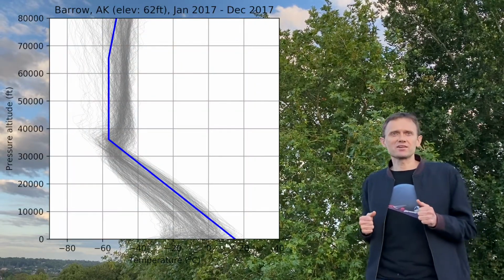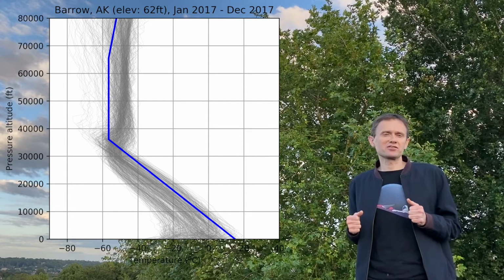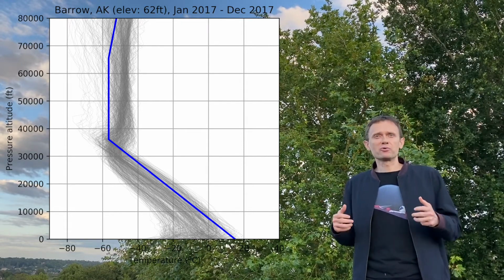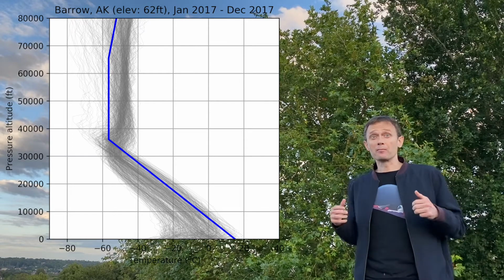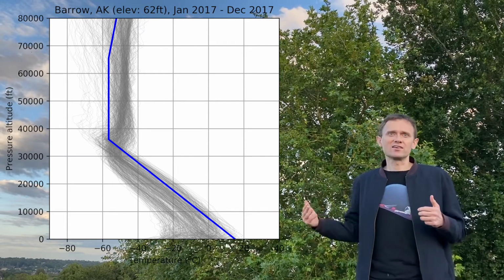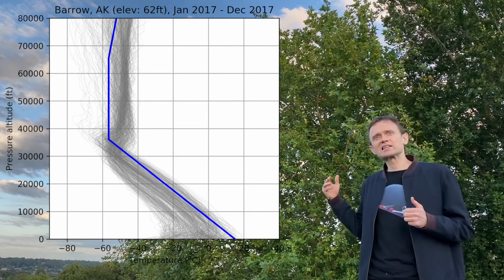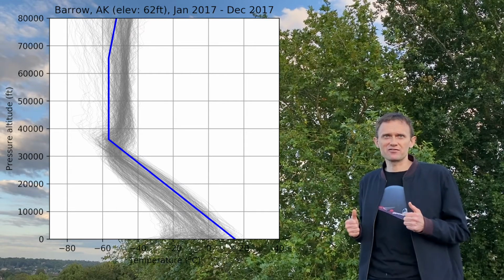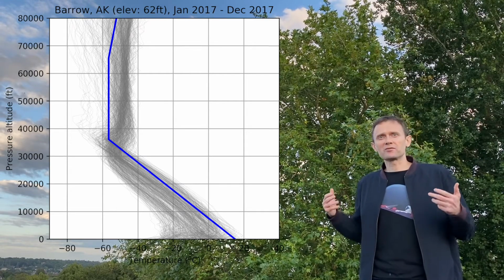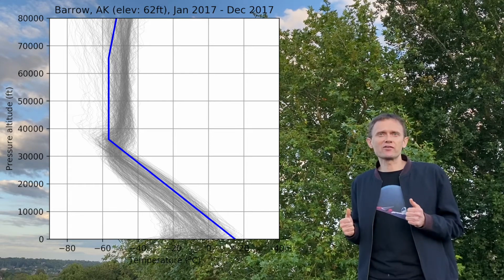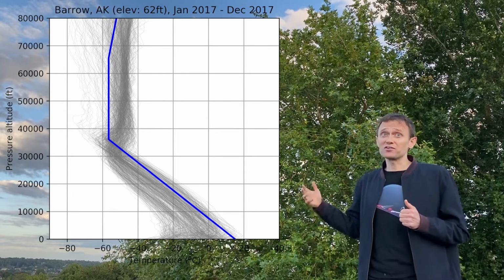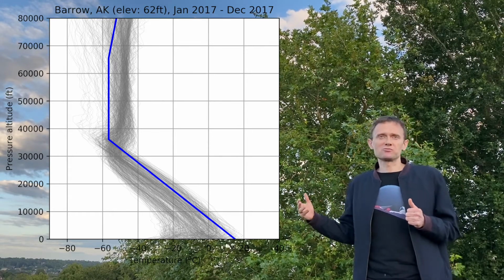Here are 660 radiosonde profiles taken over a period of 12 months over Point Barrow, Alaska. The blue line is once again the isotemperature model, and it is clearly much less representative of this Arctic world. We are at 71 degrees northern latitude than it was of Nottingham. The tropopause is much lower.